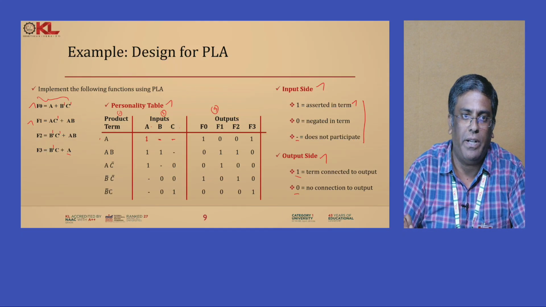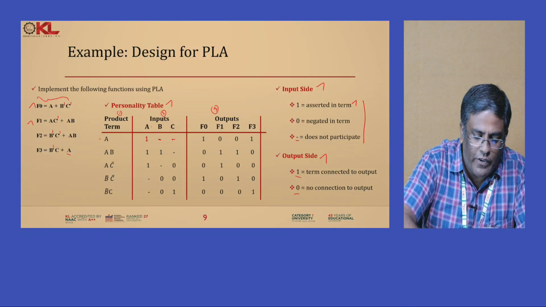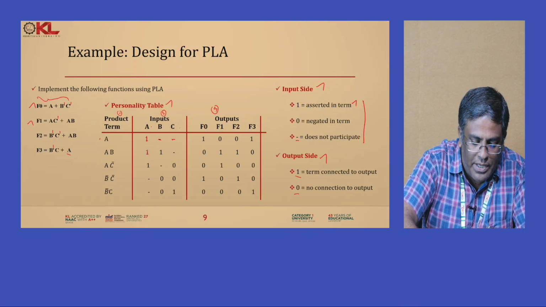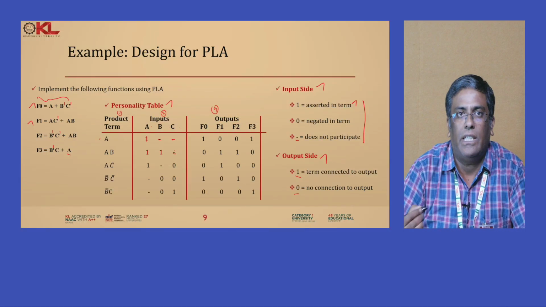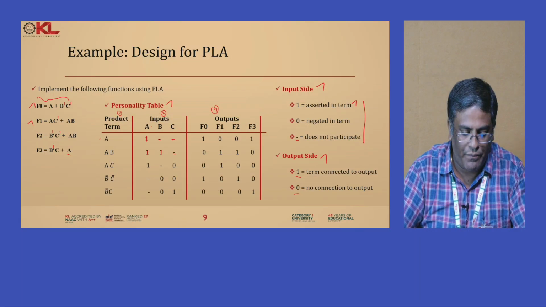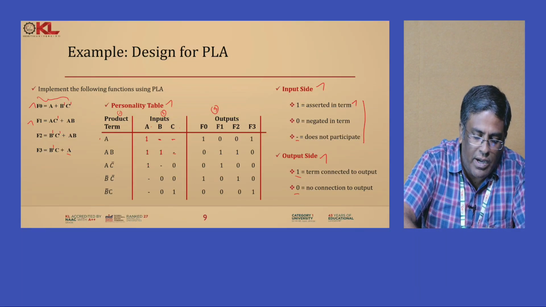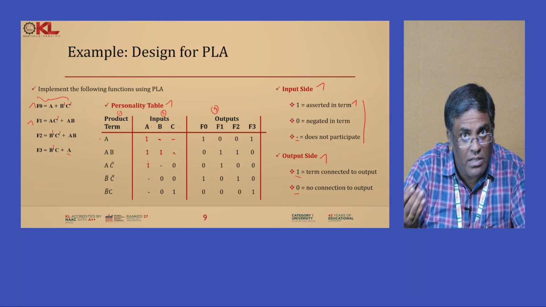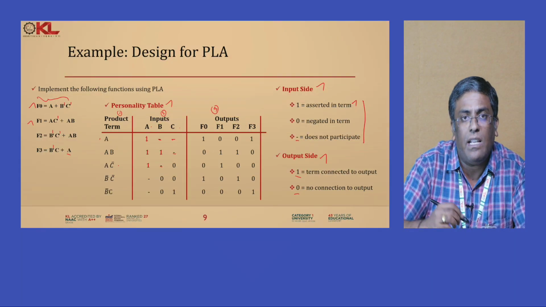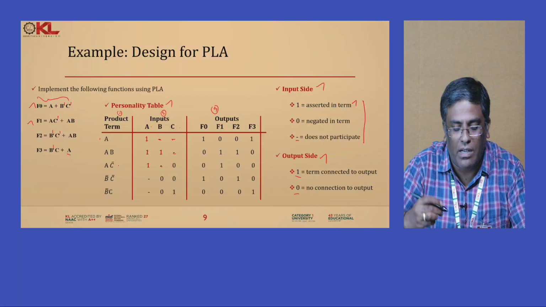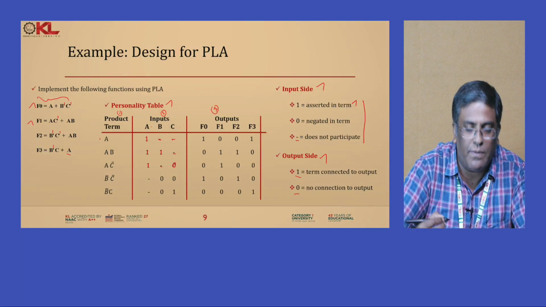And the hyphen says that it is not participating. Now for AB, what am I writing? A is available, so I write 1, B is available, I write 1, and there is no C, so I write a dash. Now we have AC bar. A is available, B is not available, so we make a dash, and C is not available but we need C bar, so we make it 0.